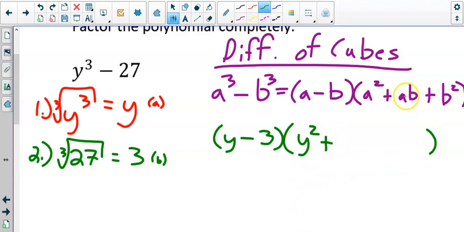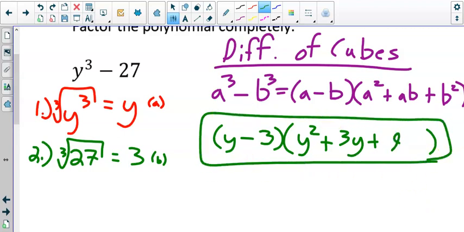Plus, you're going to take the A and B answers and multiply them. What's y times 3? 3y. Plus, and now you're going to take the B answer and square it. What's 3 squared? Answer. It's just a straight formula. Plug into that formula, kick out your answer.